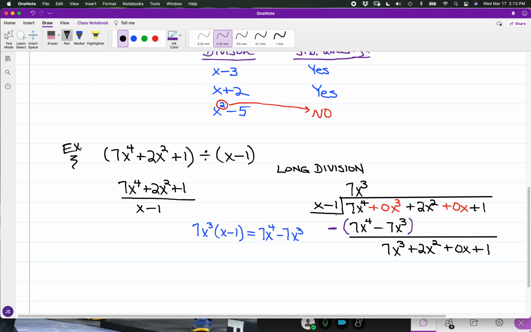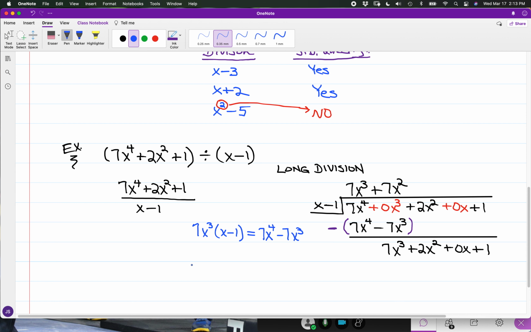So I started off taking x into 7x to the fourth. Now the leading term is 7x cubed, and taking x into 7x cubed gives 7x squared.